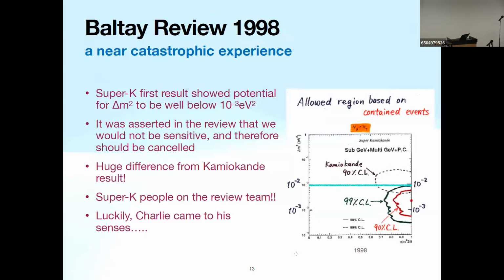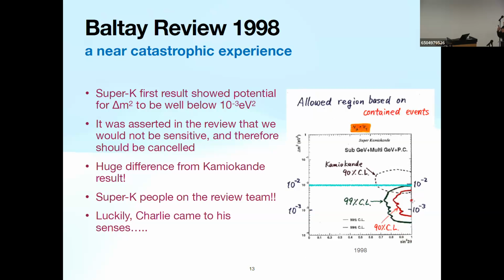So then 1998 comes along and Super K gets their first result. And look, it's way down here. It's almost inconsistent with the Kamiokande result. And somehow, I don't know whether it produced the need for the Balte review or whether the Balte review was going on anyway.